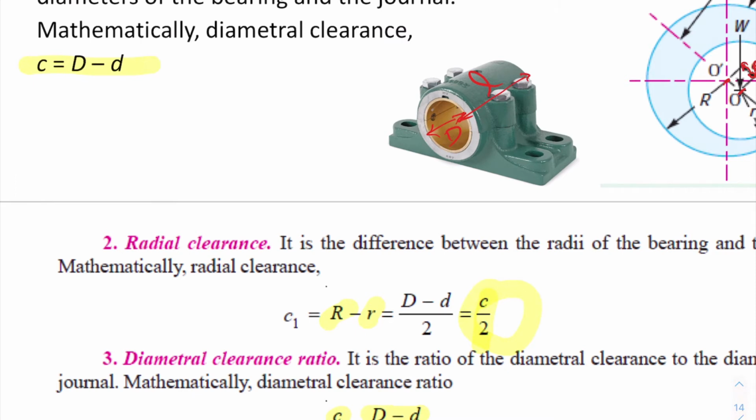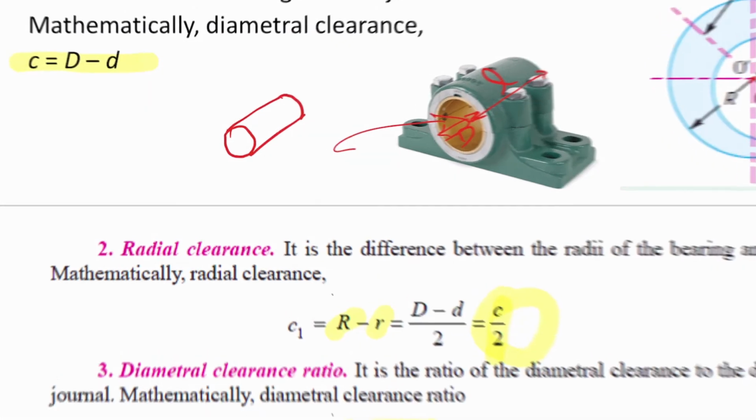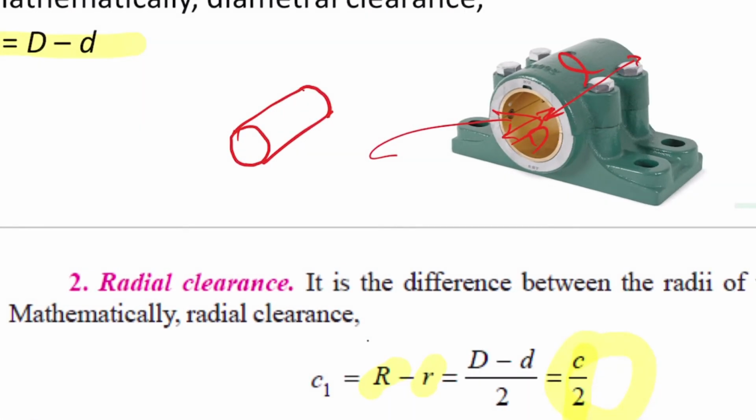That means, imagine there is a shaft inside this. Let me take that shaft out. So this will be our journal. Journal is nothing but the part of the shaft within that cavity. So here, if you want to take L and D, this part we call the length of the journal, and it's obvious this is the small d, that is the diameter of that journal.